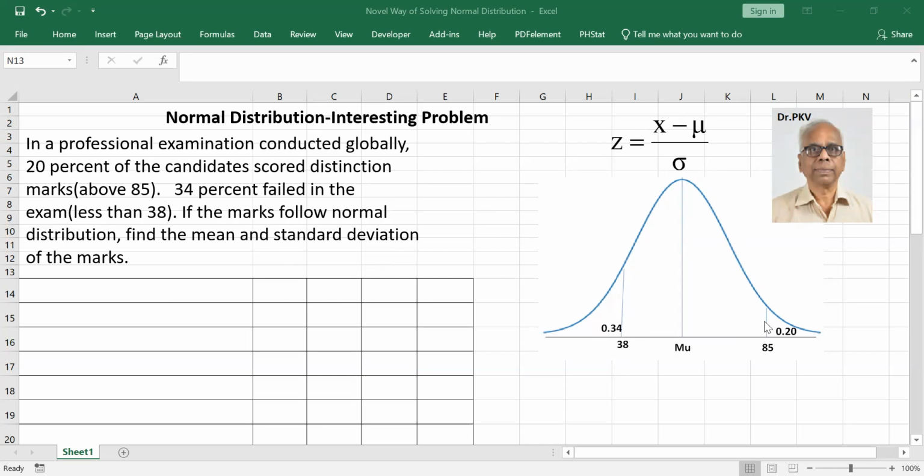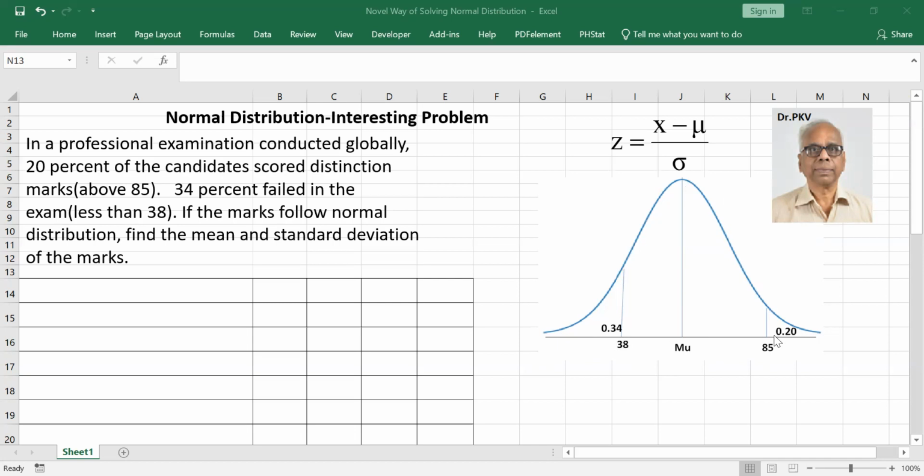Look at this diagram. I'm just drawing the bell curve and marking 38 and 85 here. Mu is the mean of the normal distribution, which is unknown. Standard deviation is also unknown.